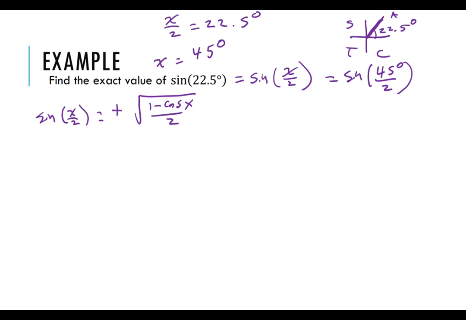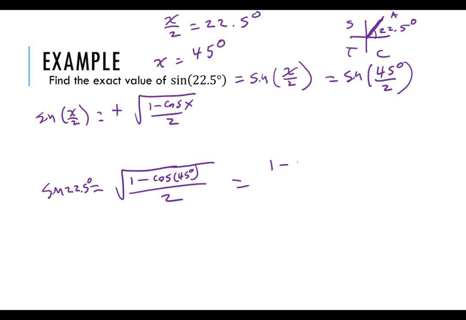So then I just plug everything in. Sine of 22.5 degrees is equal to the square root of 1 minus cosine of 45 degrees, divided by 2. That's then 1 minus square root of 2 over 2, divided by 2, all square rooted. To clean this up, inside that radical, multiply by 2 over 2.